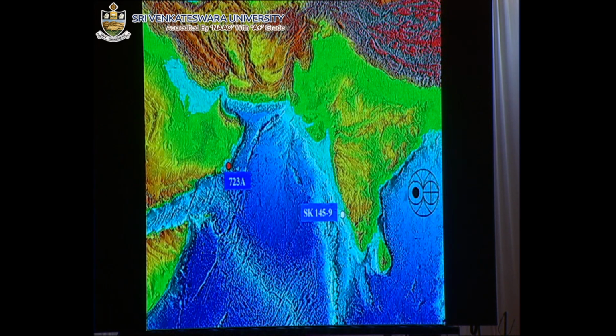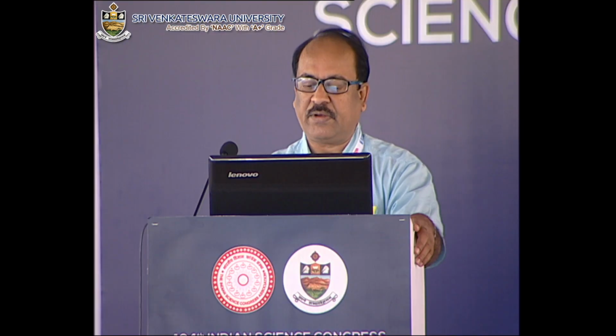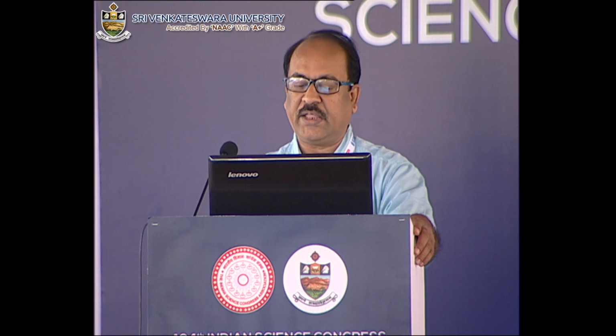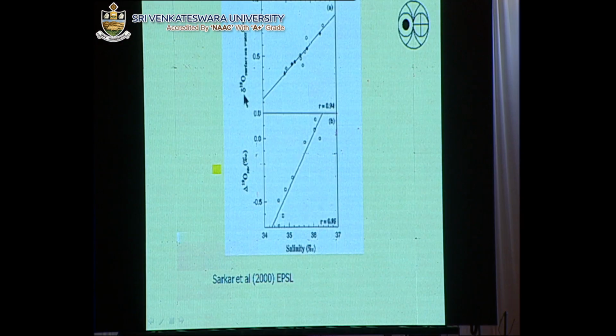That is the signal. Now, unlike in the Western Arabian Sea where there is no calibration and the abundance of the species is only a qualitative indicator, here we have a quantitative calibration. This is the calibration which you see, x-axis salinity, y-axis the oxygen isotopic composition of the surface water. Whenever the salinity is high, that is no runoff, no monsoon, poor condition, drought, the salinity will increase.